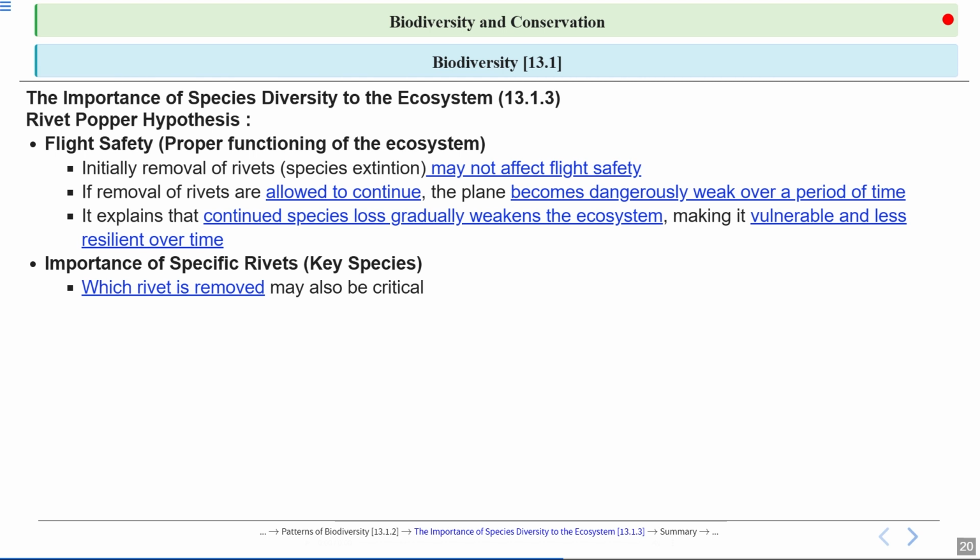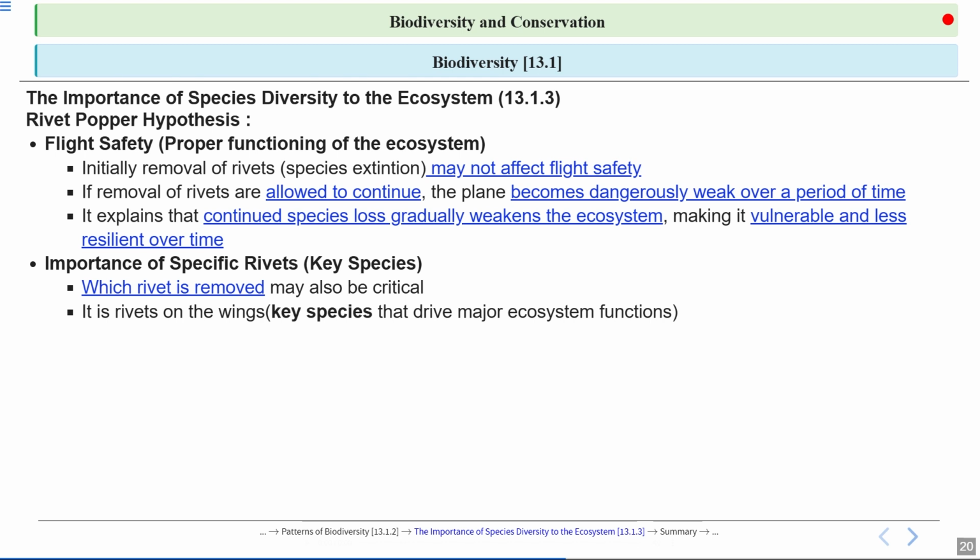Initially, if we are removing parts from inside the plane, like the seats, then obviously the plane can fly. But if we remove some of the parts from the engine, then the plane will collapse. Similarly, if you remove the key species from the ecosystem, then chances are the ecosystem will collapse early.